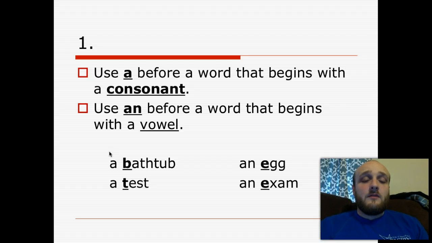Both of those letters are not A, E, I, O, or U. They are other letters, so that makes them consonants. So, you're automatically going to use the letter A in front of those to refer to those objects.